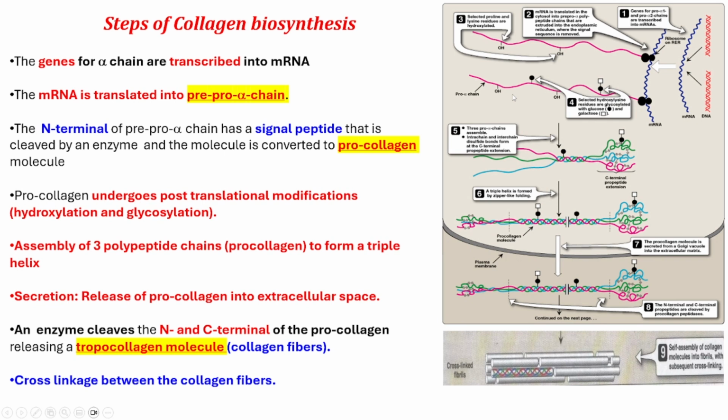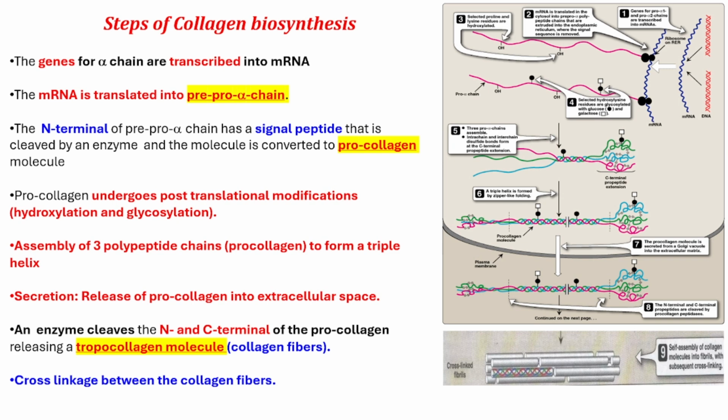Okay. The second post-translational modification that my pre-pro-alpha chain will undergo: in the N-terminal of my protein, I have a sequence of amino acids which is called the signal peptide. It's a sequence at the beginning of your protein.